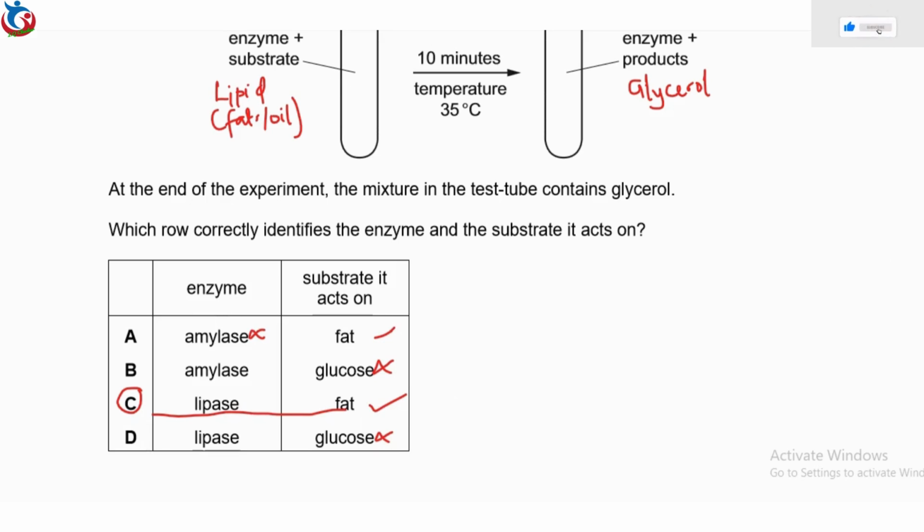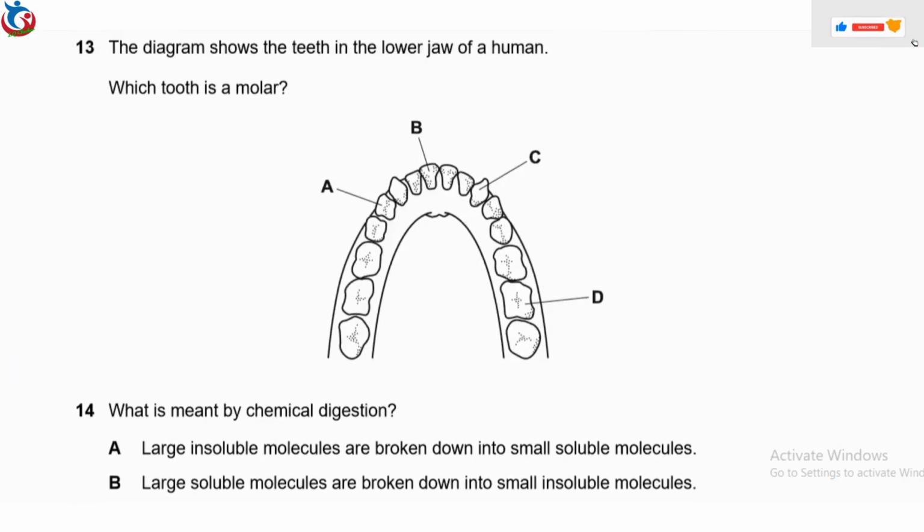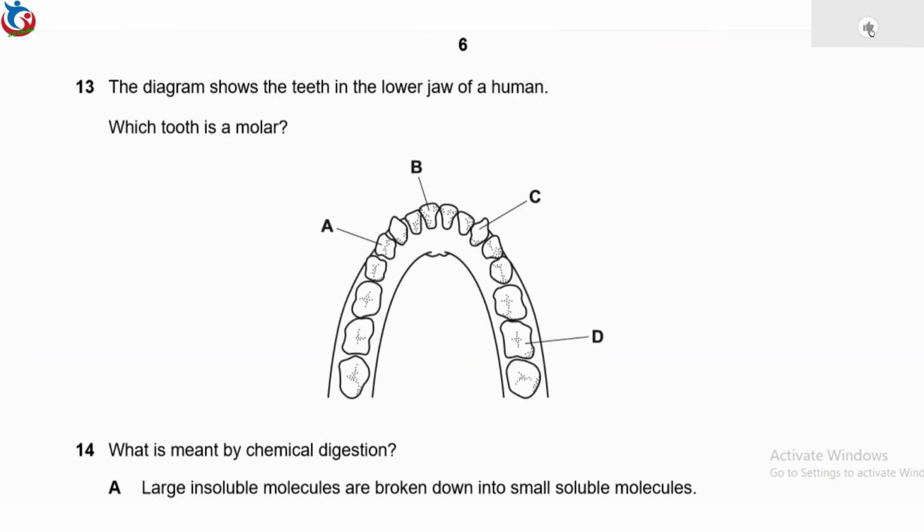So now move straight to question 13. Question 13 says, the diagram shows the teeth in the lower jaw of a human. Which tooth is a molar? So definitely we just have to label these parts. Part B is called the incisors.